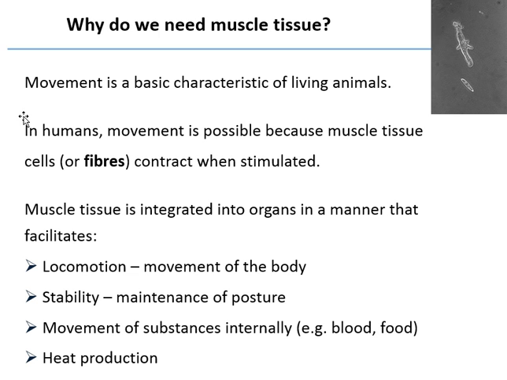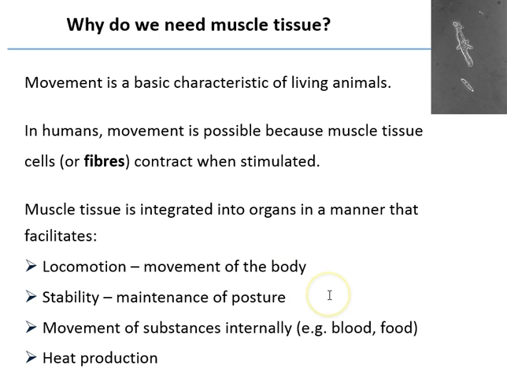Movement is a basic characteristic of living animals, including us. In humans we can move because the muscle tissue cells within us, they're also called fibers, will contract when stimulated. This contraction facilitates a range of functions such as locomotion, which is movement of our body.